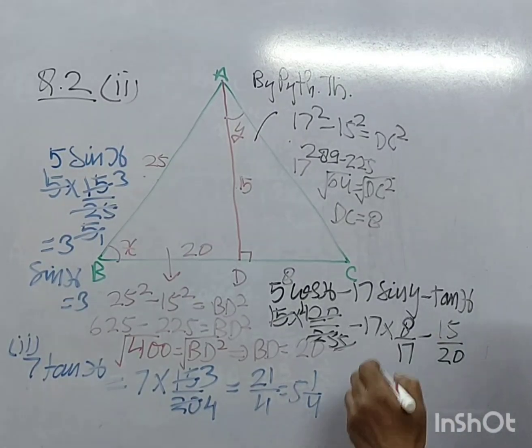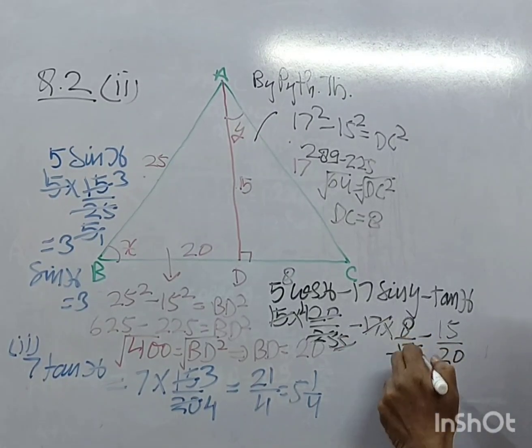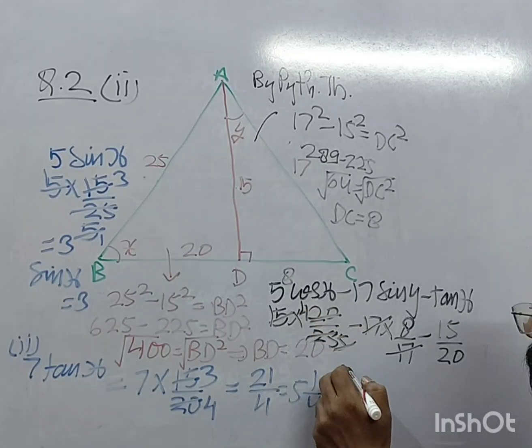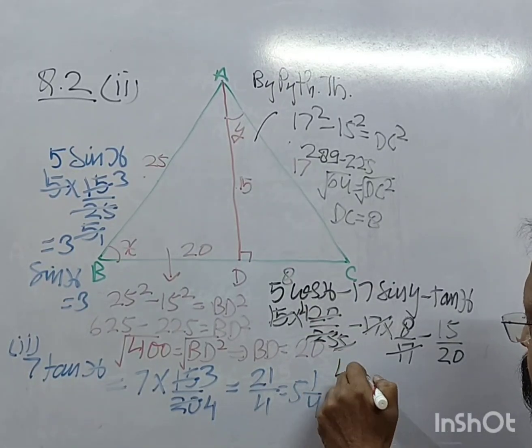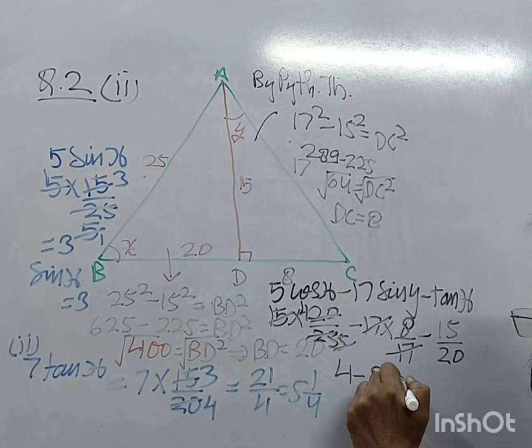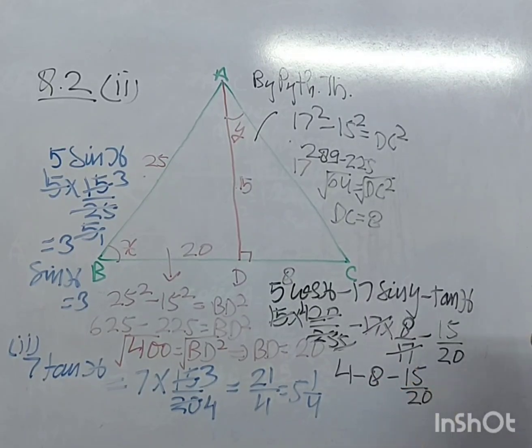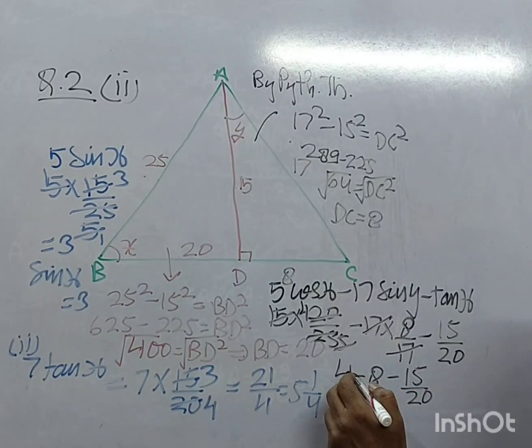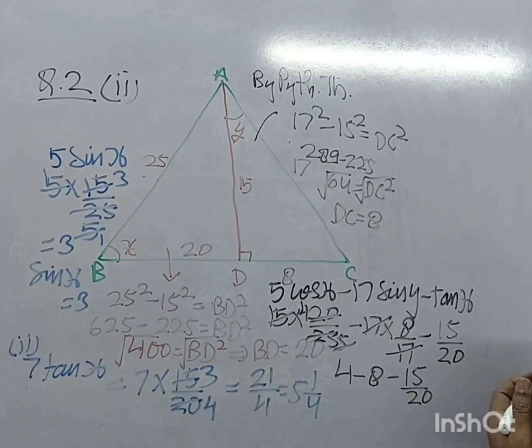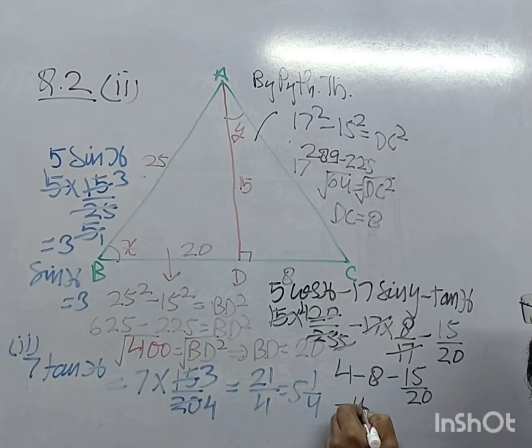Is it? Yes, sir. This 17 and 17 cancel out. So you get here 4 minus 8 minus 15 upon 20. This 4 minus 8 becomes minus 4, minus 15 upon 20.